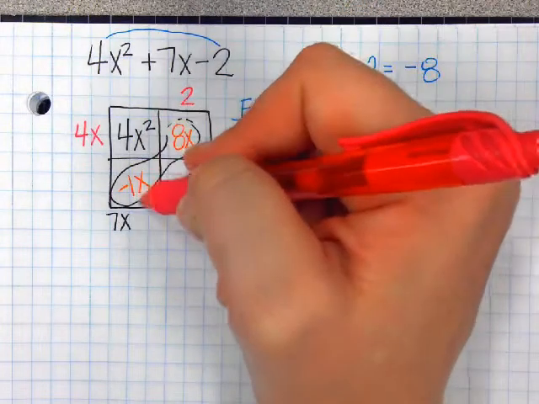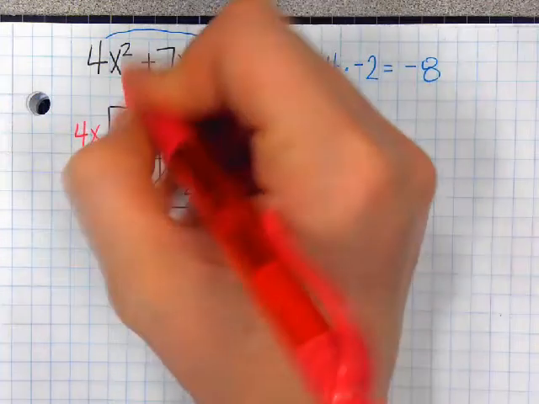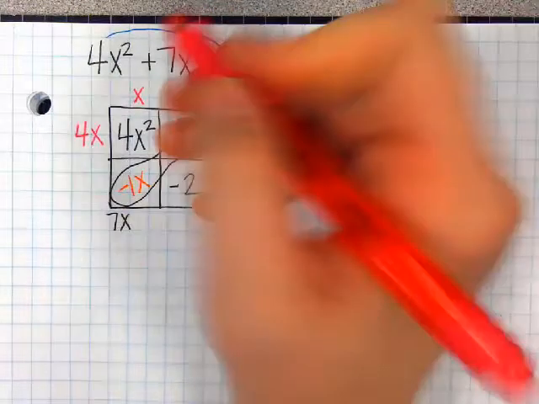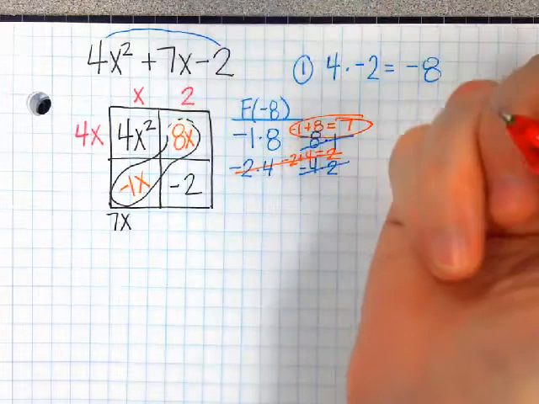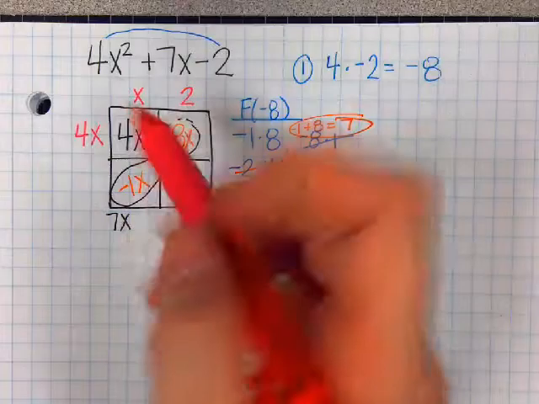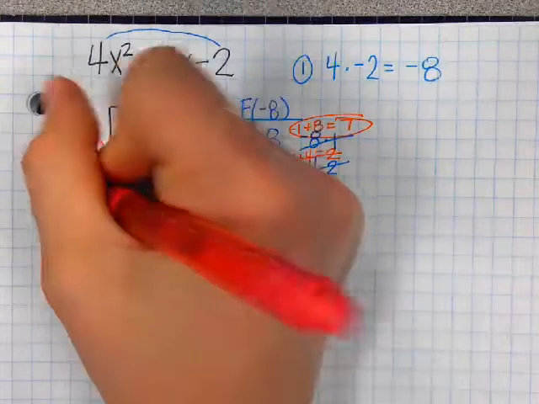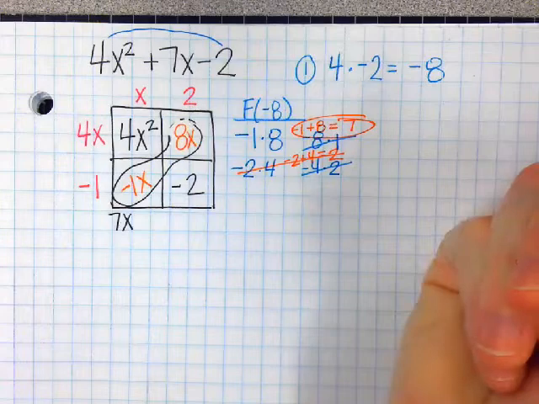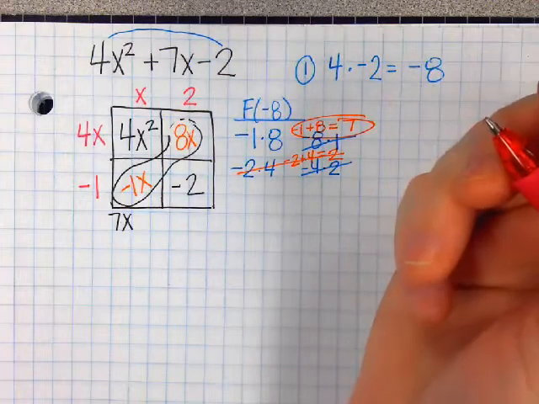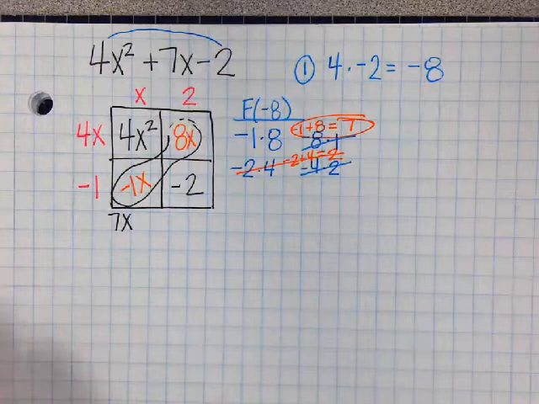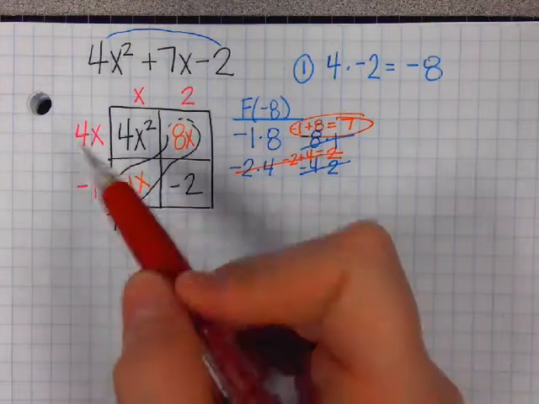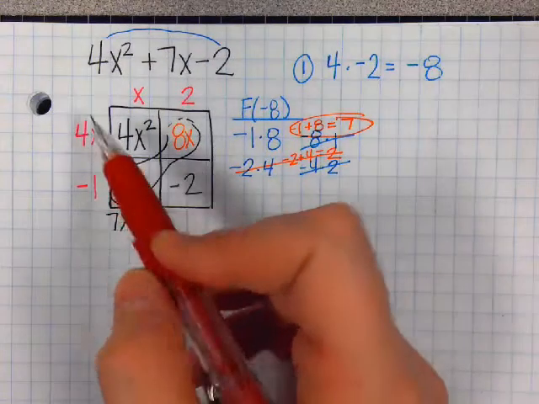Then 4x times what gives you 8x? 4 times 2 gives you 8x. And then look this way. 4x squared, negative 1x. Well, they both have an x, that's for sure. 4 and 1, there's nothing you can multiply by, so that's it. And then x times what gives you negative 1x? Well, that would be a negative 1.